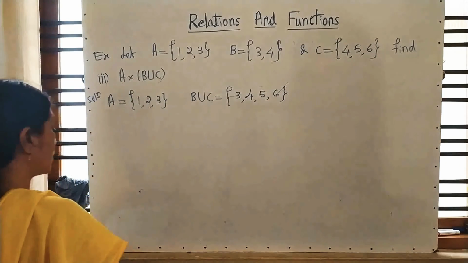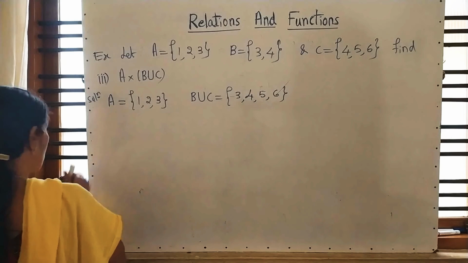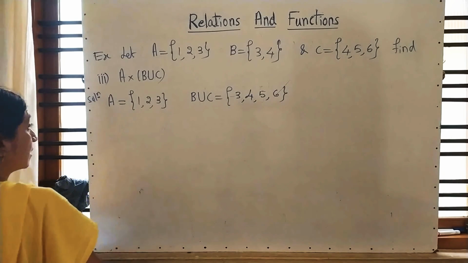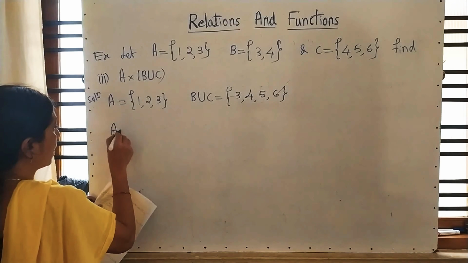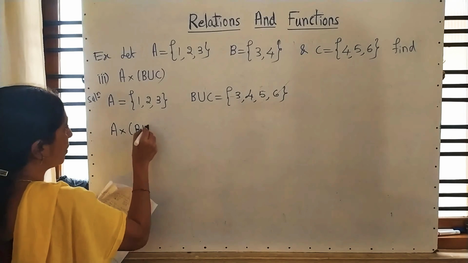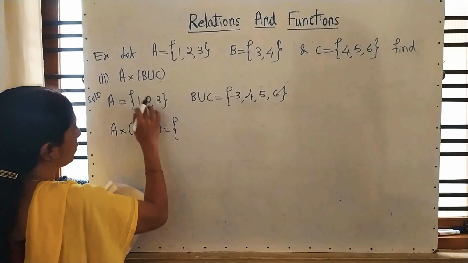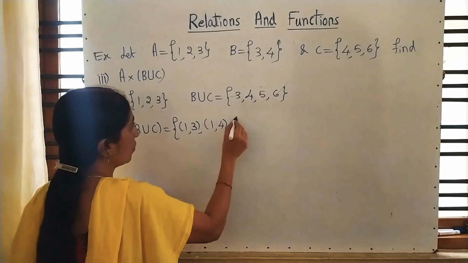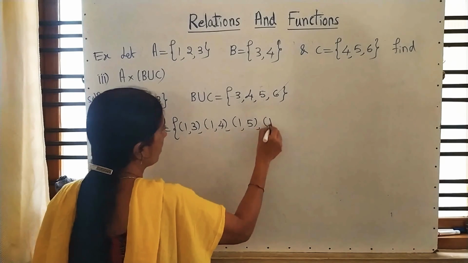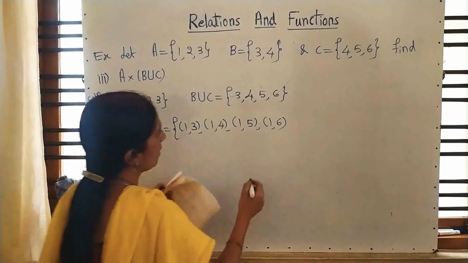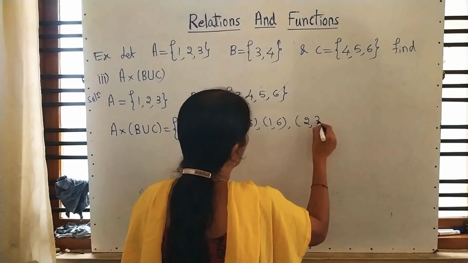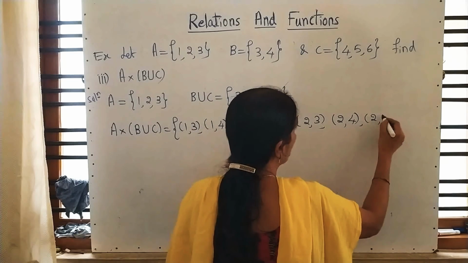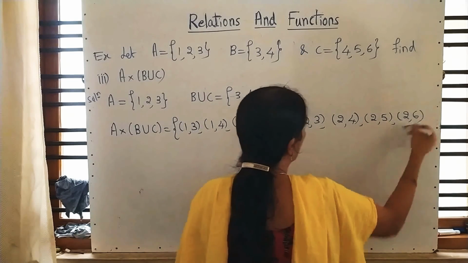Now the Cartesian product of these two contains how many elements? This is 3 elements, this is 4 elements. Total there are 12 elements. Write down slowly and carefully. A cross (B union C). First with 1: (1,3), (1,4), (1,5), (1,6). Then (2,3), (2,4), (2,5), (2,6).